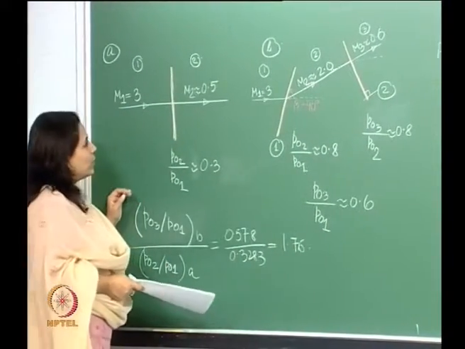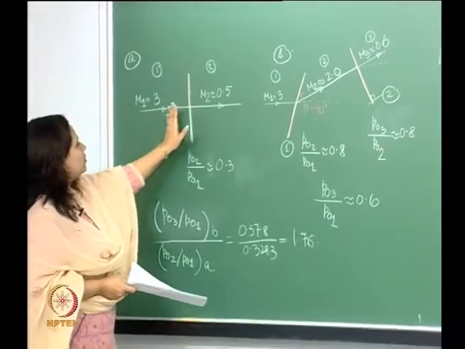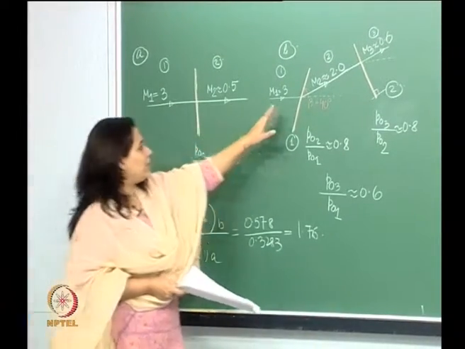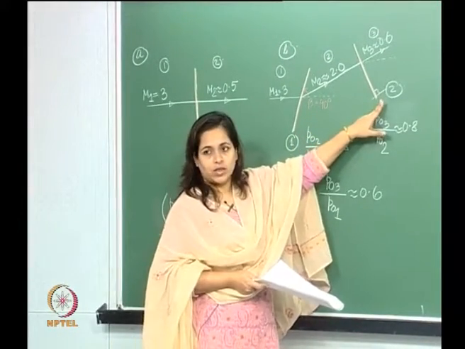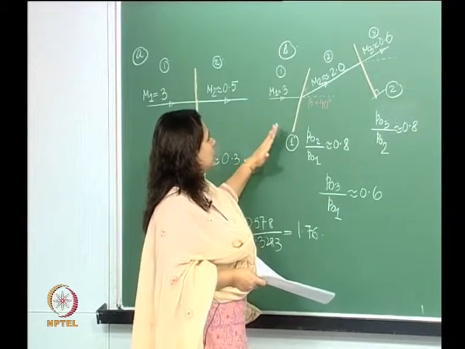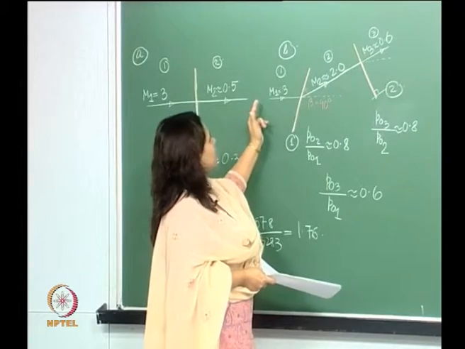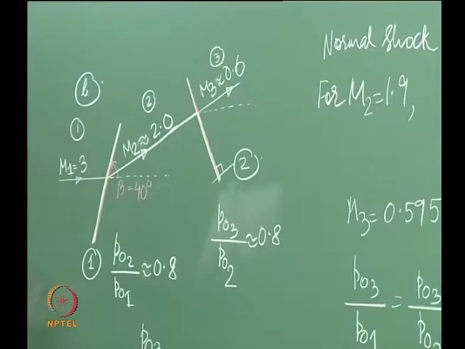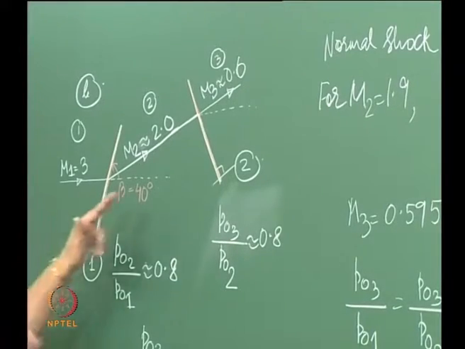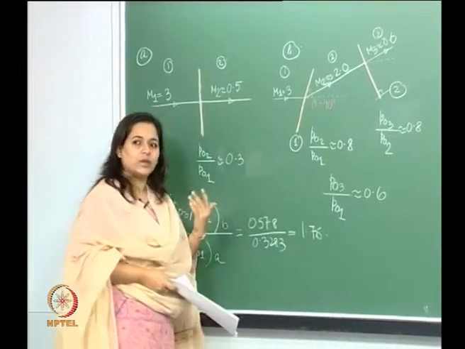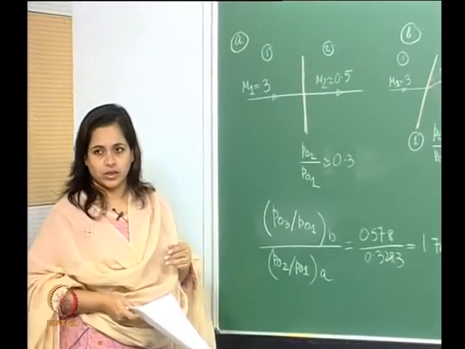So this is going to have a higher pressure decrease compared to this normal shock. What this oblique shock actually does is slow down the speed of the incoming Mach number into this normal shock. So that is what this oblique shock is actually doing, right.